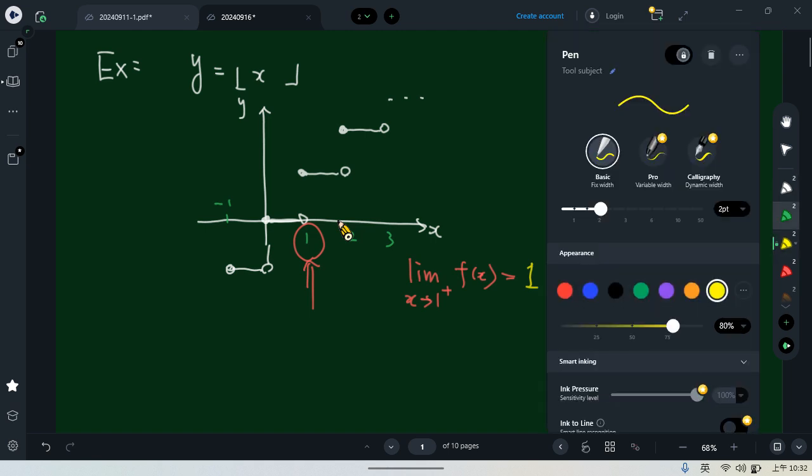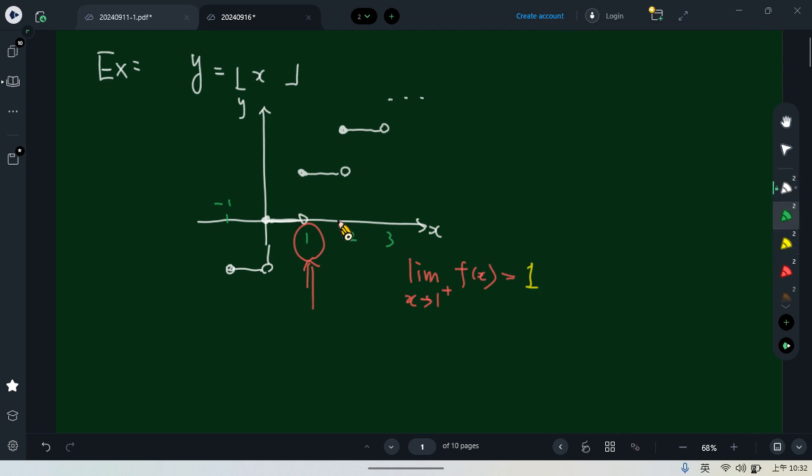And the limit when s is approaching 1 minus, it will be 0, right?